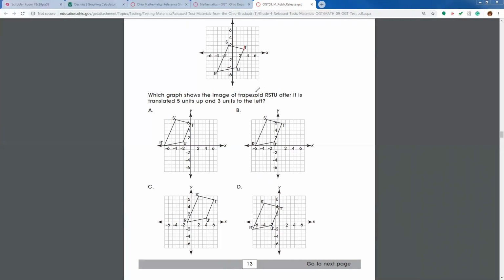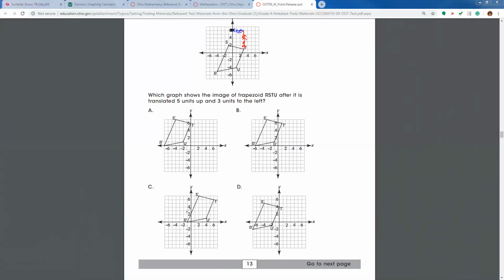So if we go 1, 2, 3, 4, 5 spaces up, and then we do the 3 spaces left. I'm going to do left in a different color. 3 units left. So now our new point T is up here.